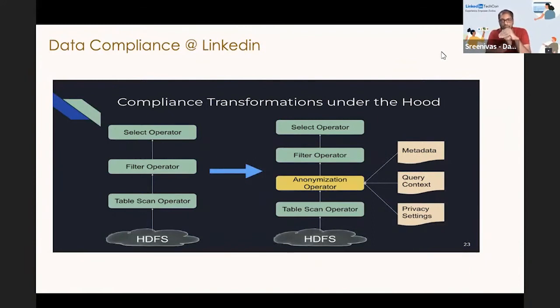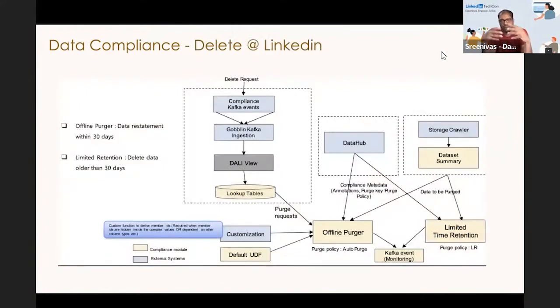Next, I'll talk a little bit about how the compliance transformation works in an end-to-end system, right? Just to give you an overview of how a typical implementation looks. So we are currently looking at the delete side of things. On the right hand side, we have a lookup table being built.